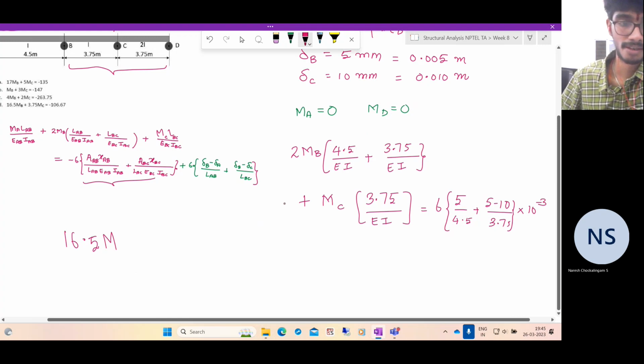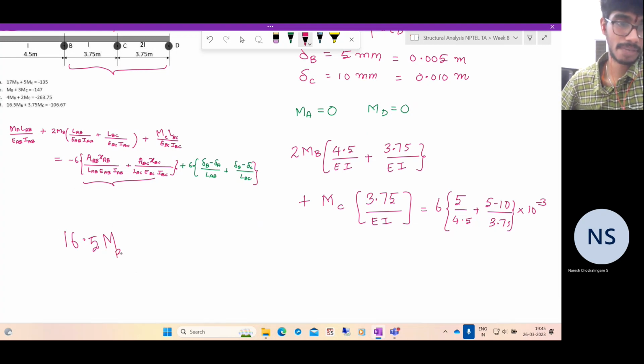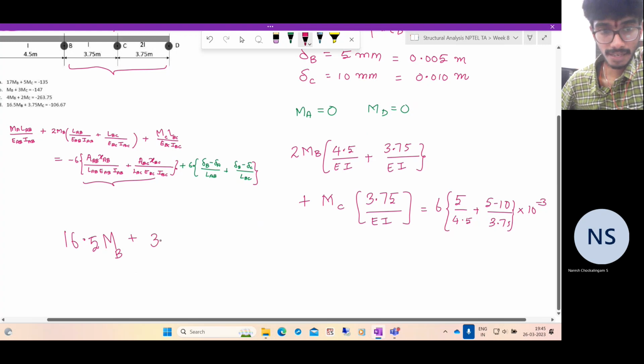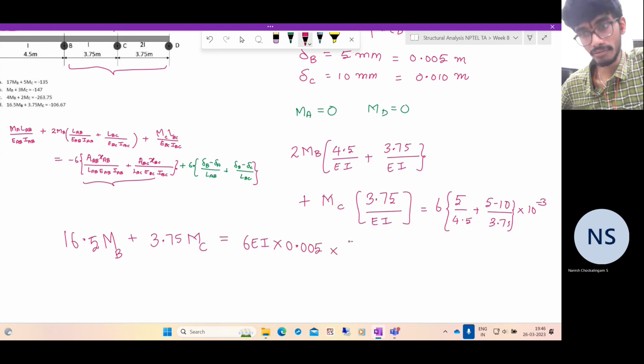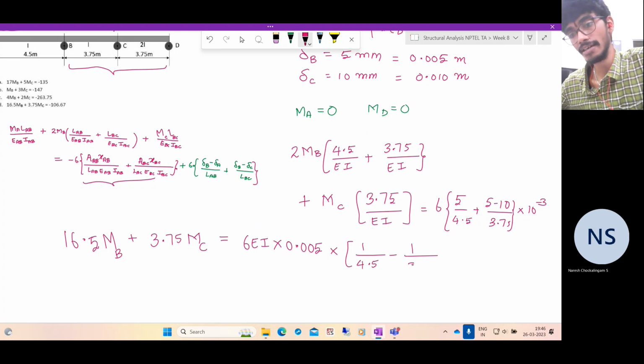So I have 16.5 MB plus 3.75 MC equal to 6 EI into 0.005 into 1 by 4.5 minus 1 by 3.75.